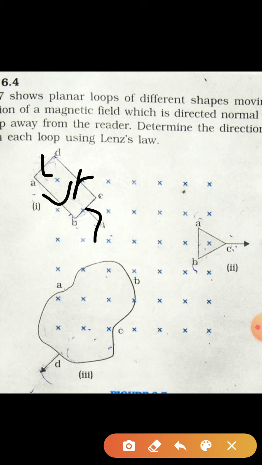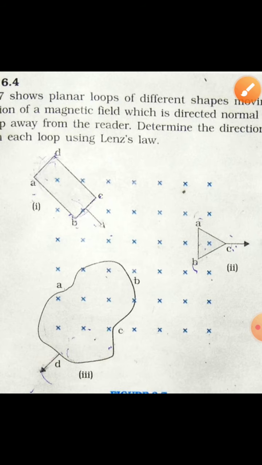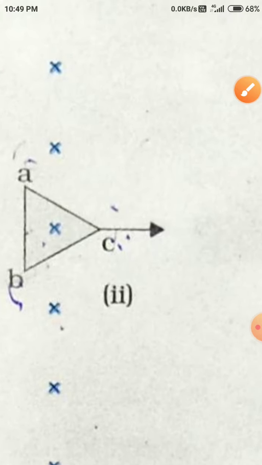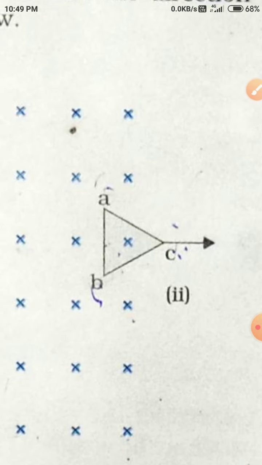Now come to question number 2. Here in this second question, the coil is being moved away from the magnetic field, so the area of the coil inside the magnetic field will decrease. Hence, magnetic flux linked with the coil will also decrease.